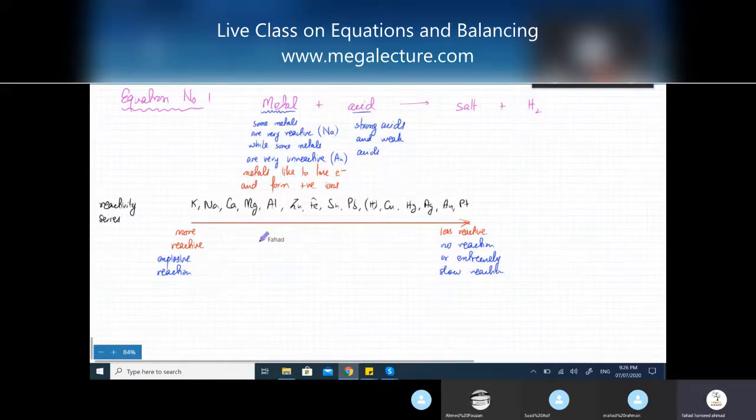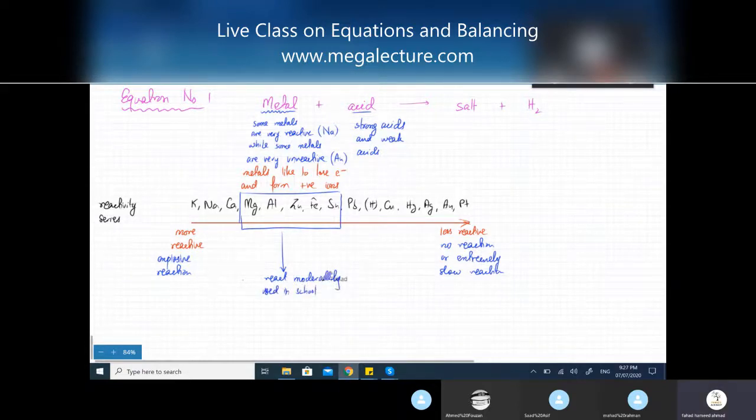And so what you need to know right now is, it's these metals over here, in the middle. These are the ones that react moderately, which means they're not going to react explosively or slowly. So their reactions are normal. So they react moderately and they can be used in the school laboratory.